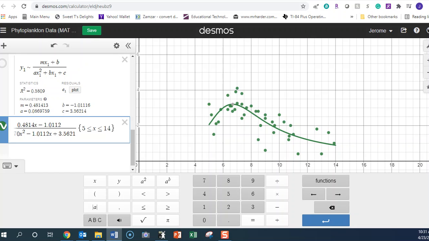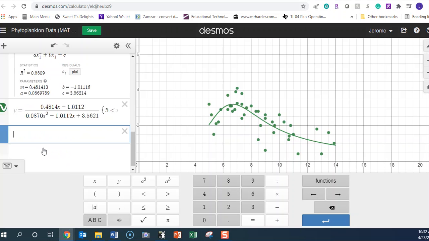All right, now that was number 3. It says identify and graph the horizontal asymptote. Use the gear symbol to change the style of the asymptote to dotted. Now we know the horizontal asymptote is when y is equal to 0. So what we would do is we'll put y equals 0.